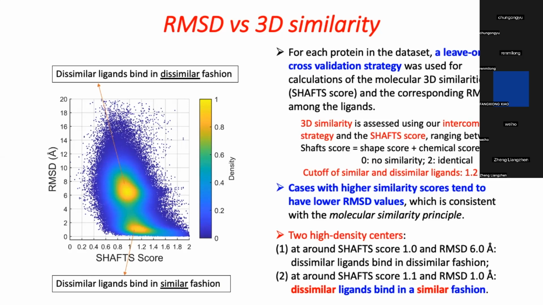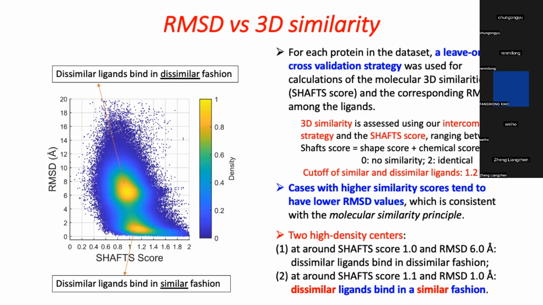If the SHAFTS score is above 1.2, we consider the two molecules very similar; otherwise, they are dissimilar. We also developed an intercomparison strategy to do the superimposition. I think people who work on protein-ligand structure prediction know that superimposition is not trivial, particularly for dissimilar ligands. The details were described in the paper I mentioned before.